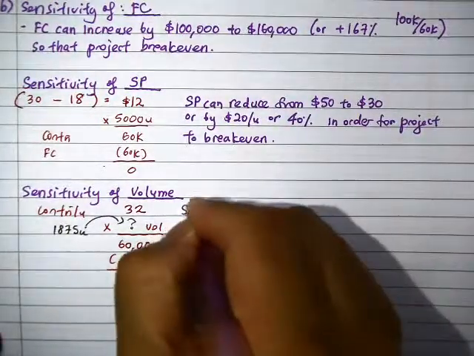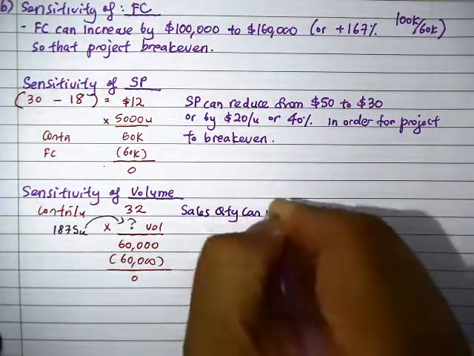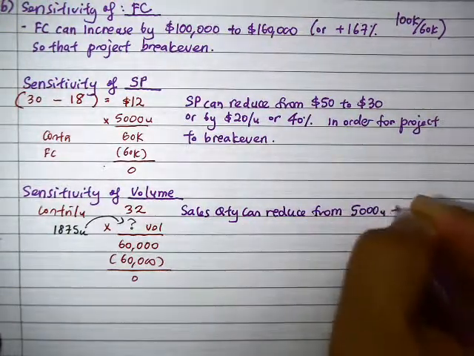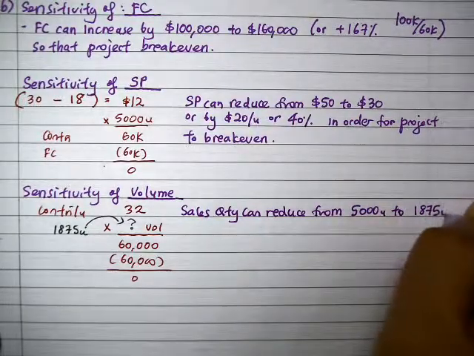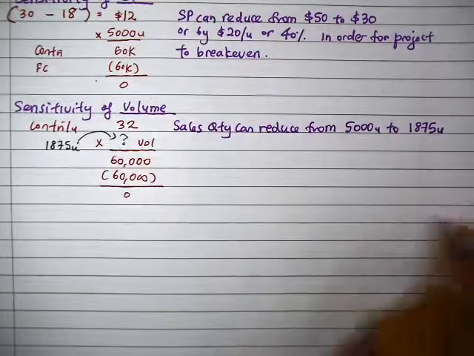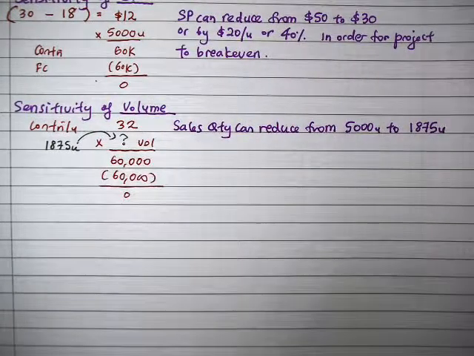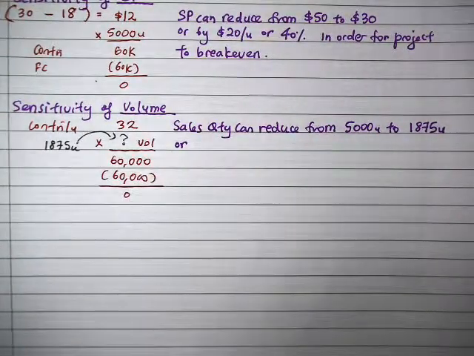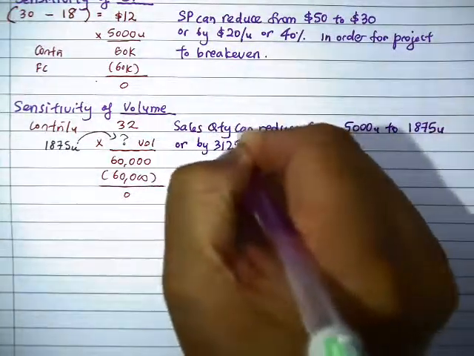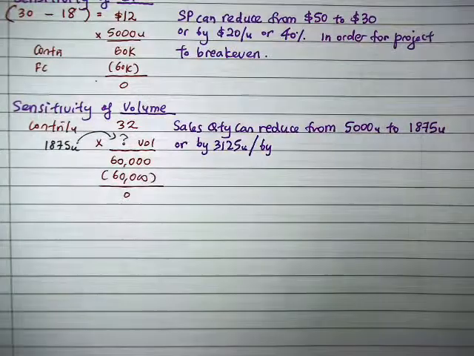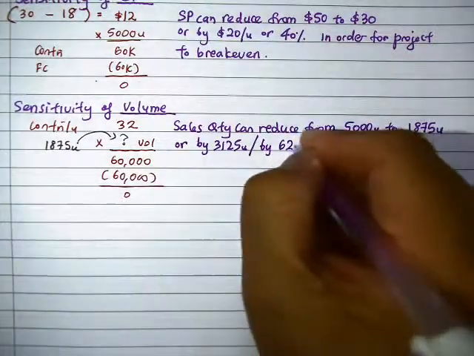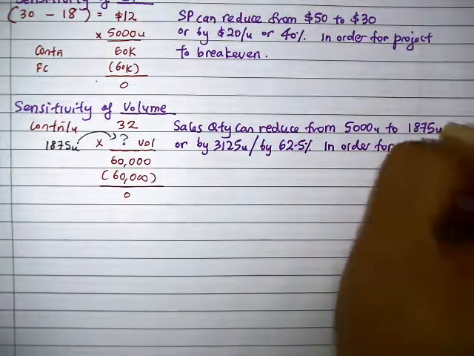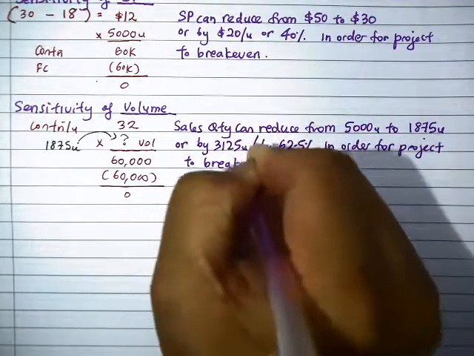So again, sales quantity can reduce from 5,000 units to 1875 units, or by 3125 units, or we say by 62.5%, in order for the project to break even.